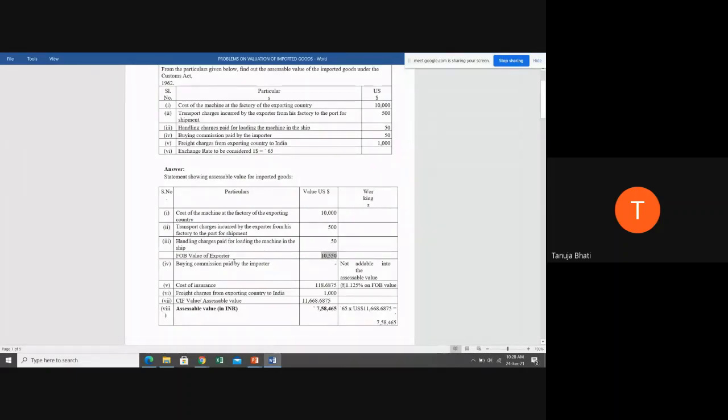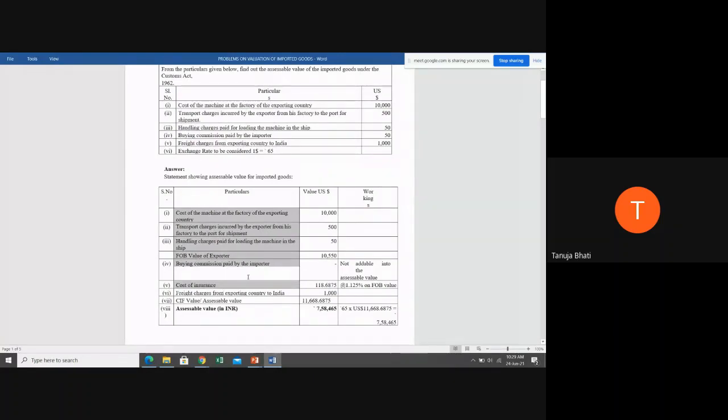$10,550. Next, you can write buying commission paid by the importer. You have to not add the buying commission. So in workings, you can write not addable into the assessable value. See students, the format totally depends on you how you want to present your answer. One suggestion I give you all: write all these elements as they are here. If it is to be included, please include.